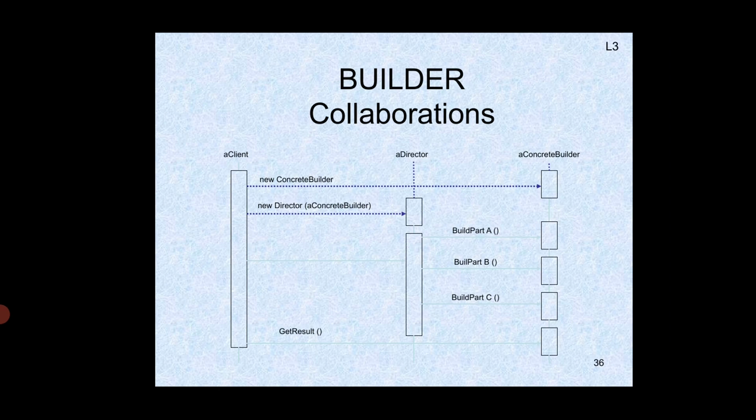Only when the product is finished does the director retrieve it from the builder. Look at this diagram here. In this diagram, the builder pattern constructs the product step by step under the director's control. Only when the product is finished does the director retrieve it from the builder.